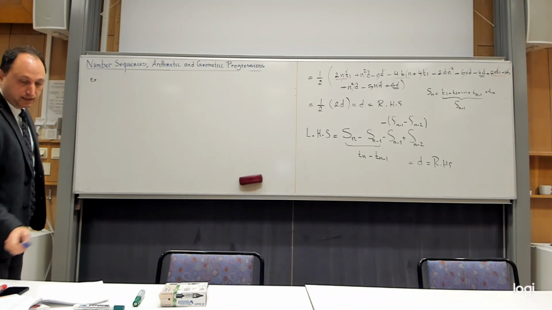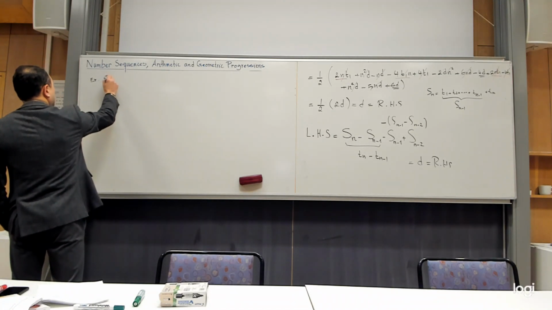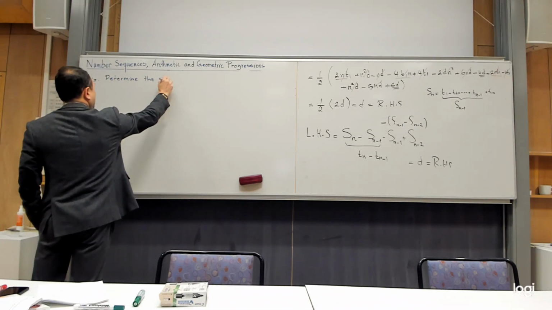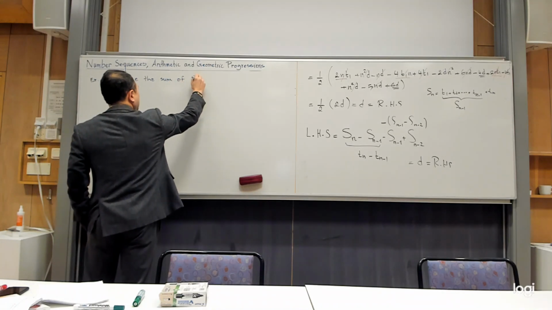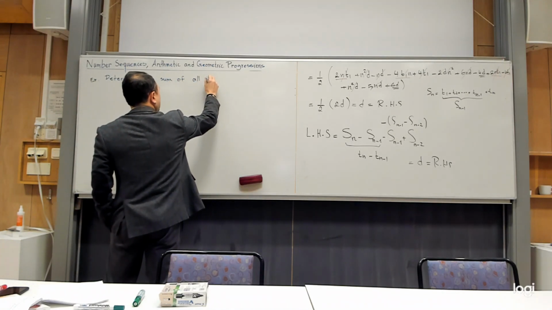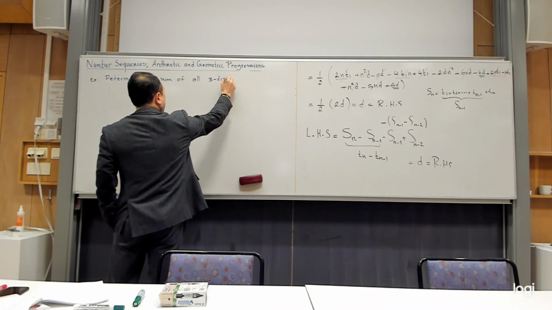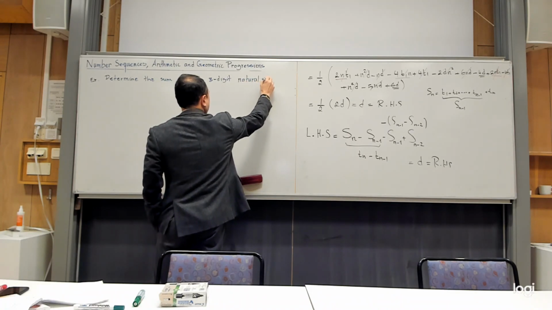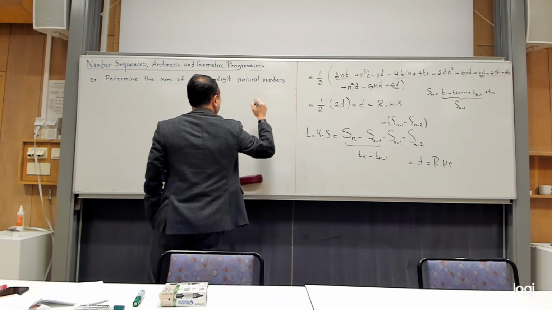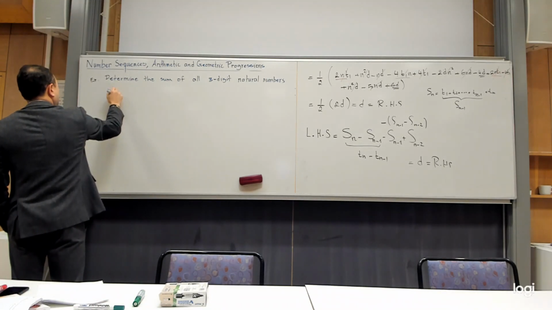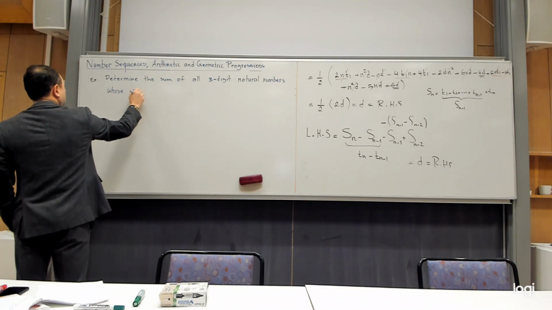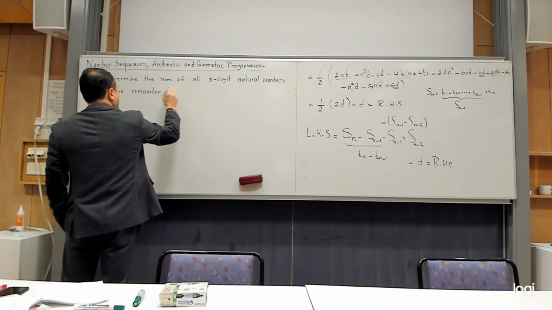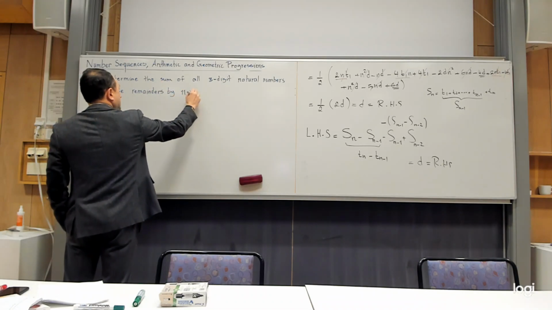The problem is: determine the sum of all three-digit natural numbers whose remainders by 11 are 7.